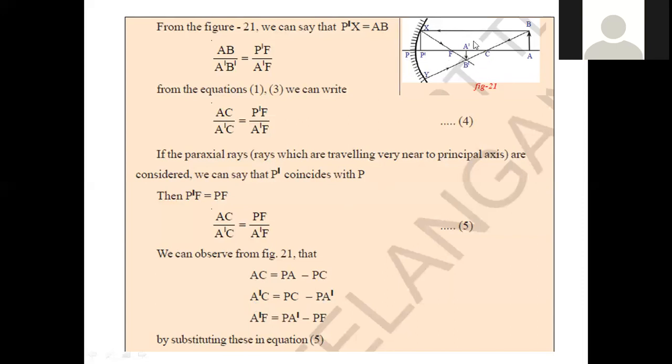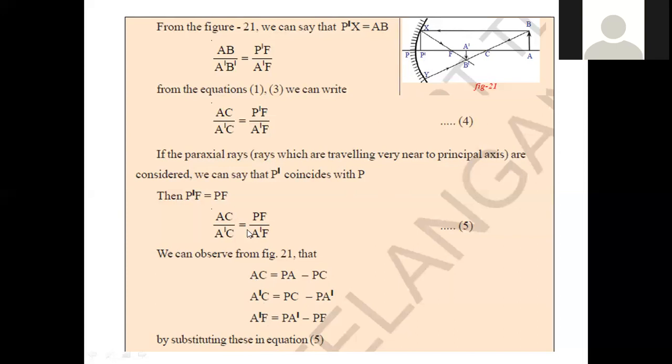Now A prime C: this distance, in a similar manner, we can write as PC minus PA prime. So this is another inference. And third is A prime F, which is equal to PA prime minus PF. So these are the values of AC, A prime C, and A prime F.